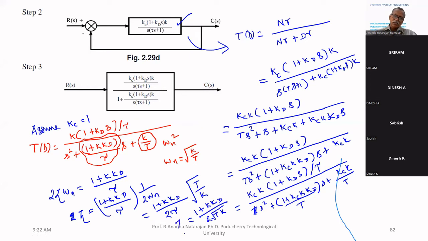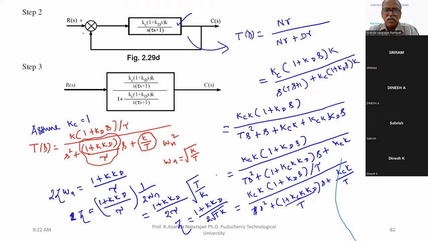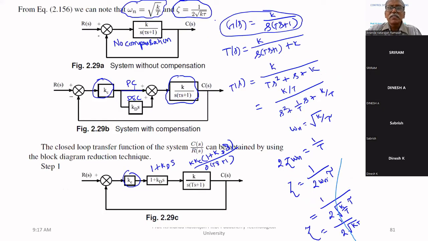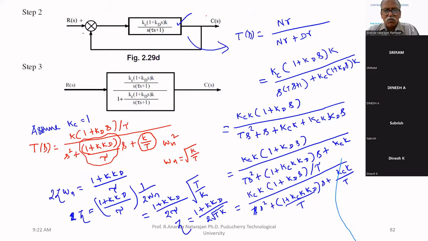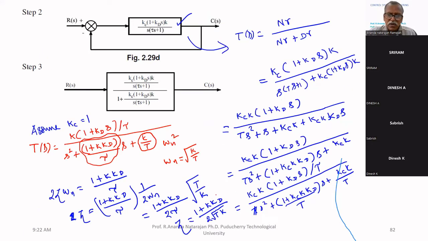This is the new zeta. What is the original zeta, without compensation? Original zeta is 1 by 2 root KT.